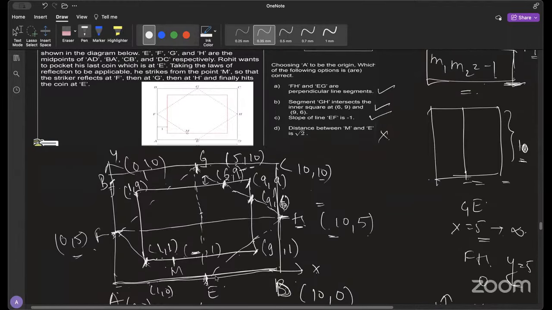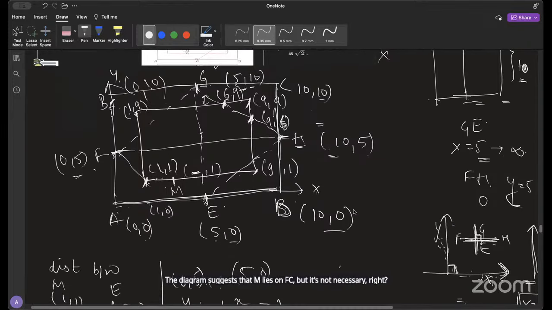The trajectory would be the same because we have to do it from M. No, but it has not been mentioned that it will strike E. No, it's mentioned in the statement. It finally hits the point E, but from M it doesn't say that. My question is that it's not given that your M lies on FE. The diagram suggests that M lies on FE, but it's not necessary, right?